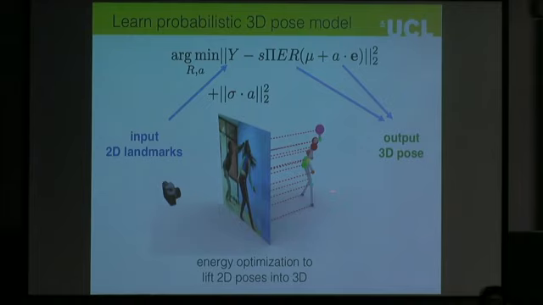We know the basis, we know the mean pose. So every time that we get a new image, if we have the 2D positions for the joints, we can reconstruct the pose in 3D by estimating just the rotation and the coefficients. This is an energy optimization to lift 2D poses into 3D.